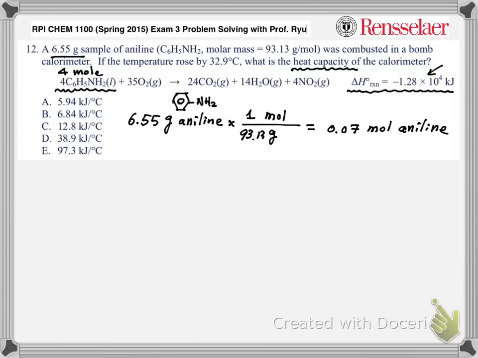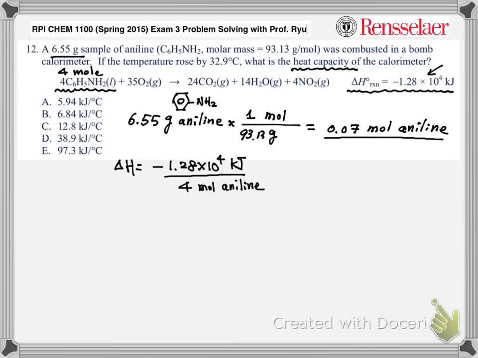So I have 0.07 moles of aniline, but as far as I know, the heat of reaction gives out minus 1.28 times 10 to the 4th kilojoule per 4 moles of aniline. This is what the equation really means.